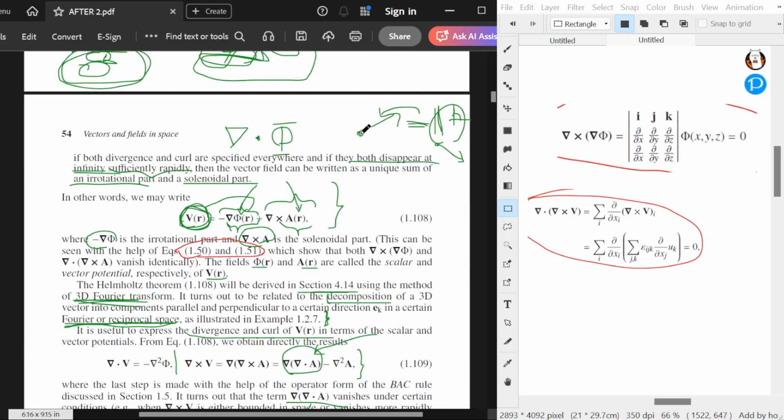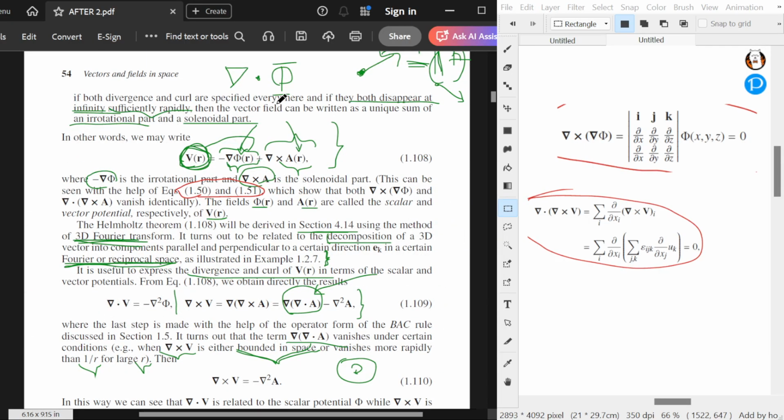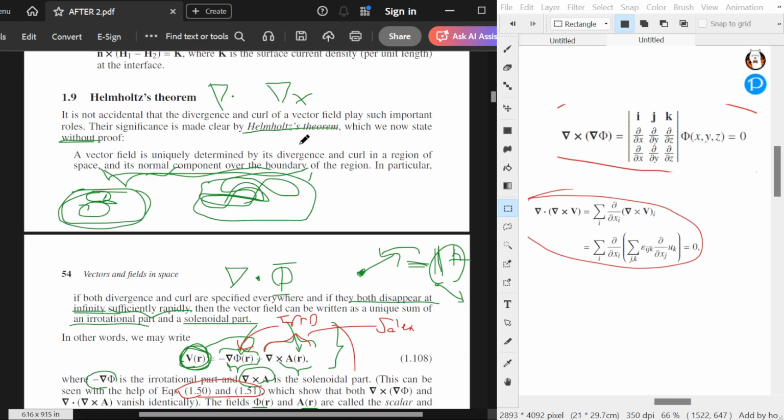Okay. In other words, we may write this, where this is the irrotational part, and this is the solenoidal part.